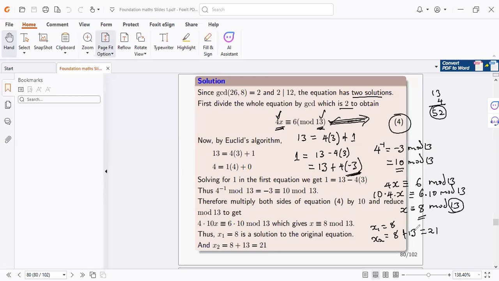That gives us 21. So those are the two solutions to our original equation, 8 and 21. So we've used the inverse to solve a congruence equation. I'll take one more example, and then we'll look at Fermat's little theorem, another method of finding the inverse.